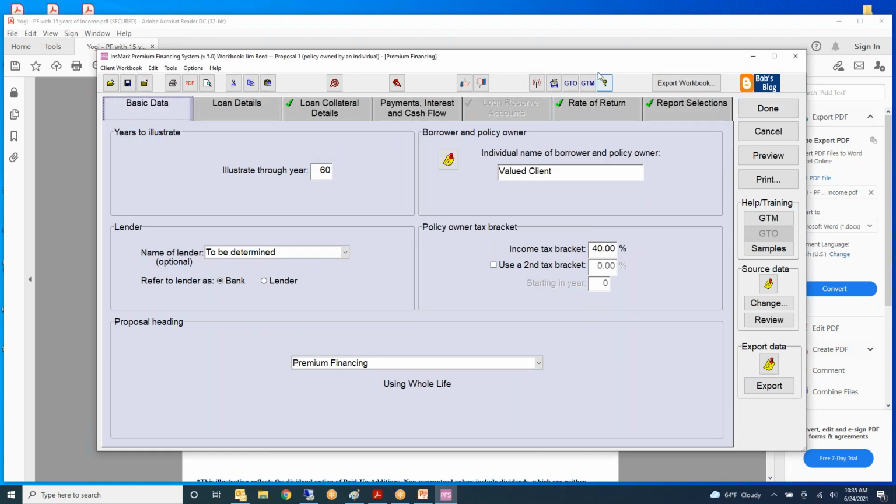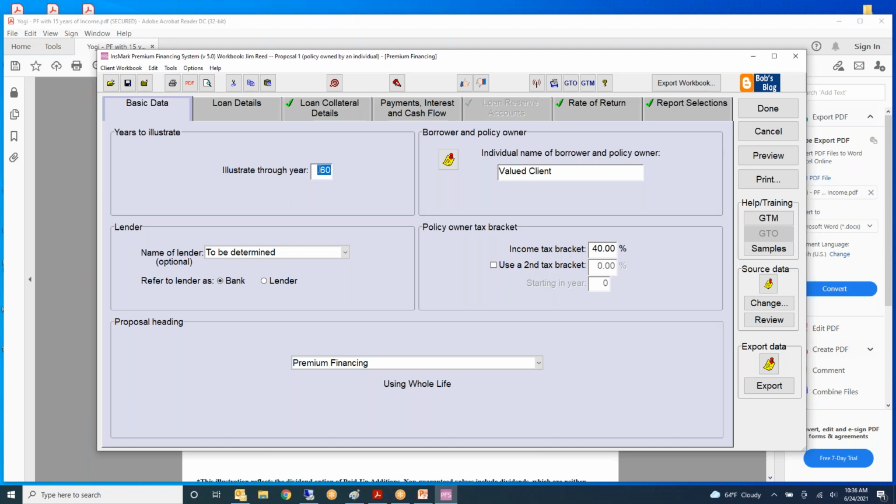Now you are in the real input tab area for a premium finance case. Okay, step number 1, basic data, and then you go through all of these and then you get your reports. This is the process of the input. So basic data, how many years do you want to illustrate?